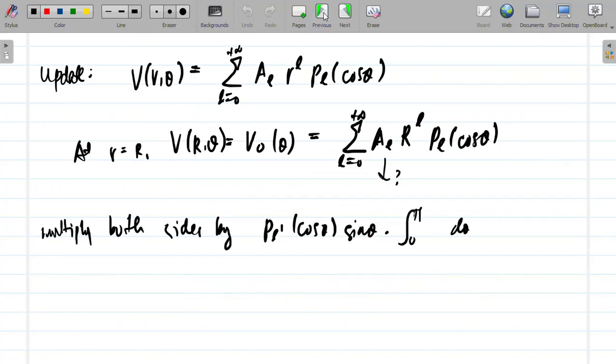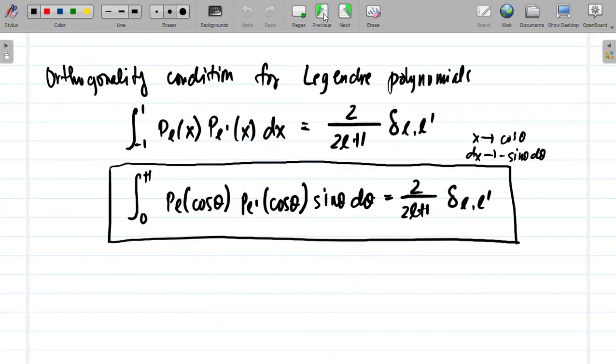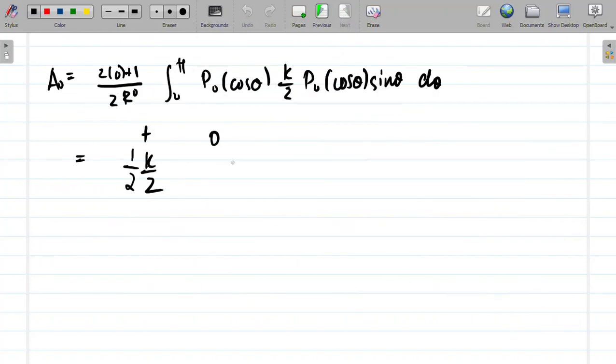Teka lang, class. Nasaan yung orthogonality condition? Ito. So, kapag L equals 0, 2 over 1, times 2 over 2L plus 1. So, that is equal to K over 2. Ang A naught natin. So, class, this is L equals 0.